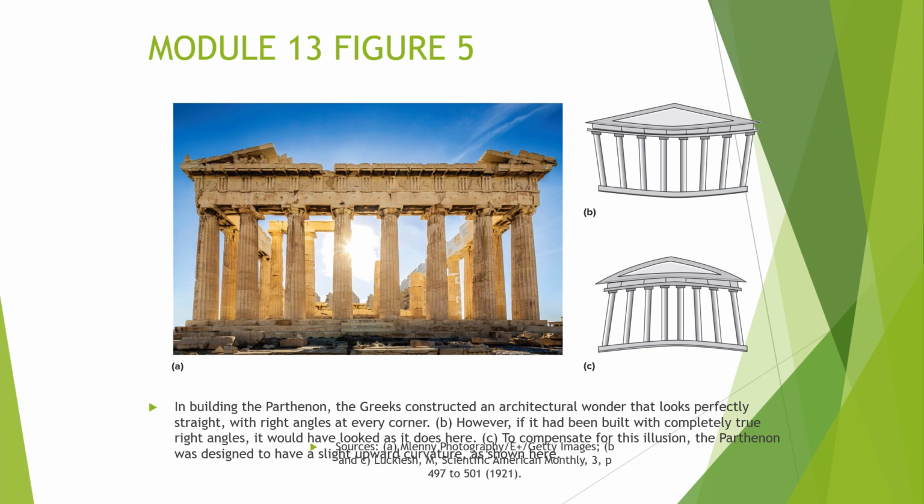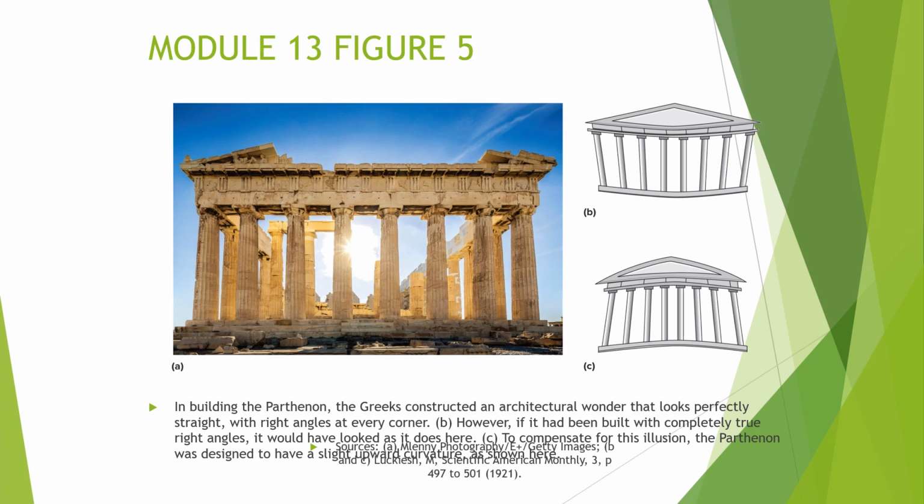However, if you look at B, if it had been built with completely true right angles, it would have looked like it does there. So in order to compensate for this illusion, the Parthenon was designed to have a slight upward curvature, as shown in C. Again, the Greeks constructed the Parthenon with right angles at every corner.